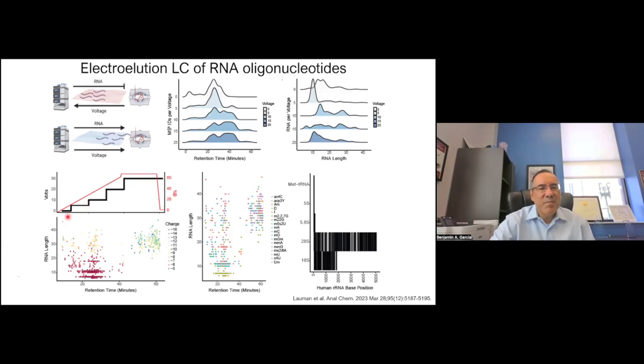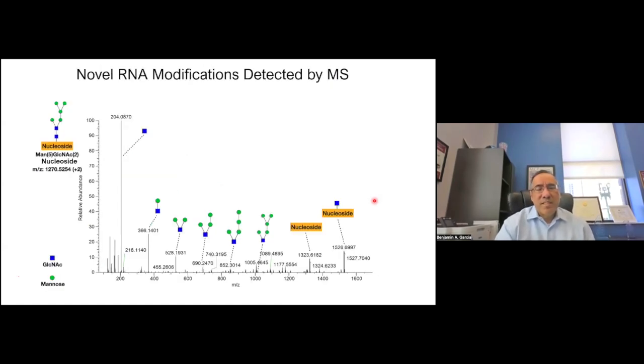It's definitely something that we have played with and would like to keep optimizing. Right now, it's not fully a plug and play system. You have to do steps, but this could be an orthogonal separation for RNA. This has allowed us to identify a lot of different species and determine different modifications, such as oligosaccharides, which I mentioned before.